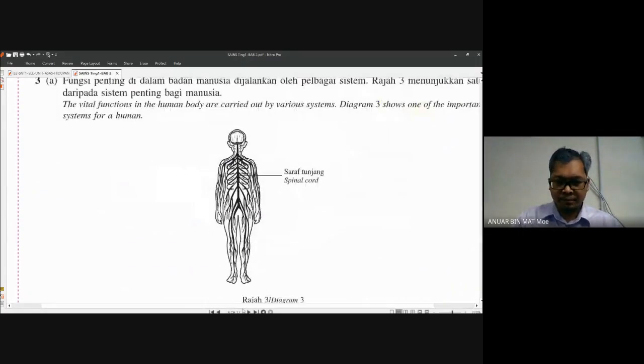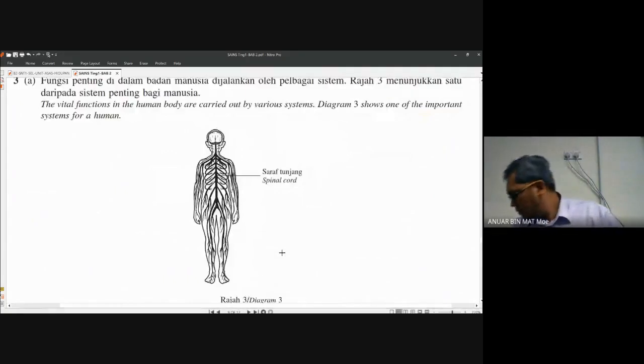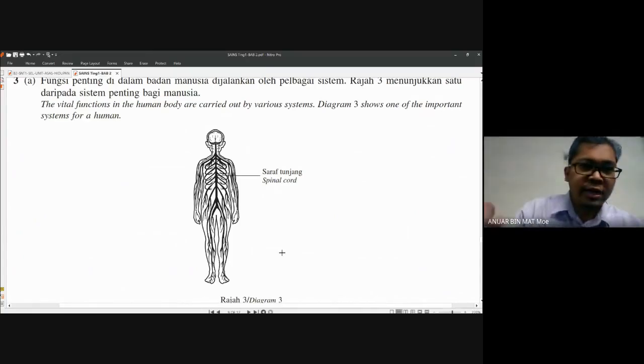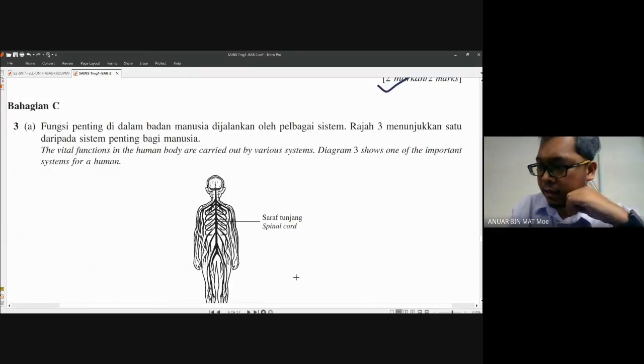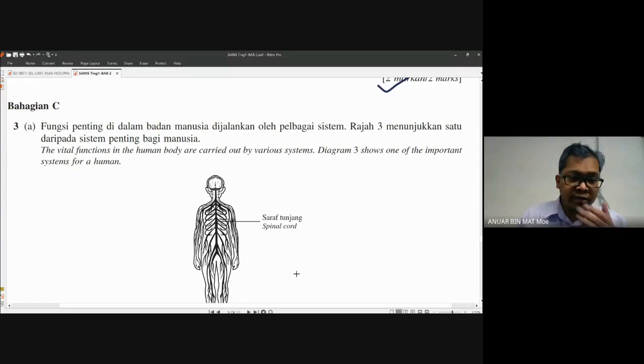Section C. I will continue section C next class, ya. So I think I will stop right now because it has taken a long time. We will continue section C on our next class.